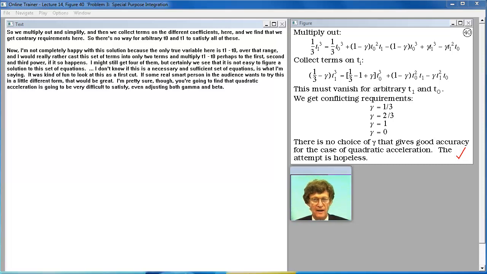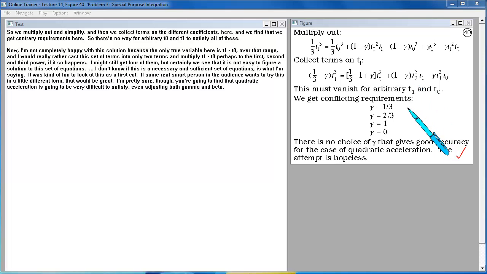So we multiply out and simplify, and then we collect terms on the different coefficients here, and we find that we get contrary requirements here. So there's no way for arbitrary t0 and t1 to satisfy all of these.